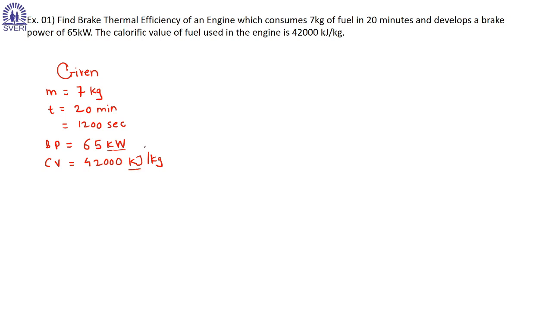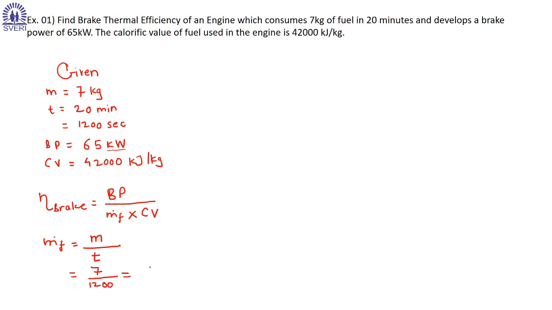Okay, so we'll start. The formula for brake thermal efficiency, as we know, is brake power divided by mass flow rate of fuel into calorific value. First, we'll calculate the mass flow rate of fuel. Mass flow rate of fuel can be calculated from the mass of fuel consumed divided by the time. Here mass is given as 7 kg, divided by the time, 1200 seconds.